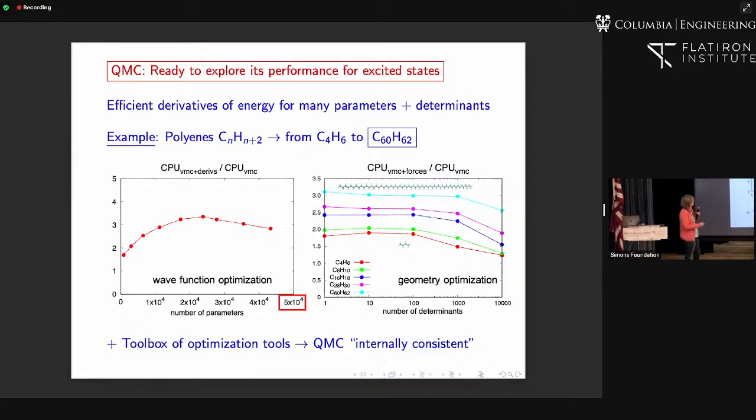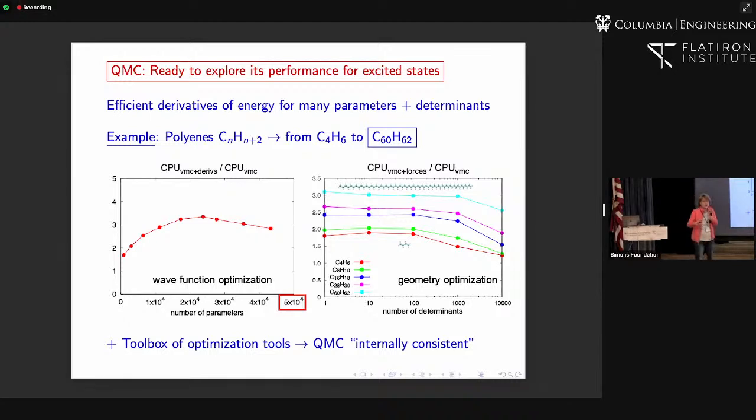We go from small to large systems with a single determinant, and the number of parameters grows, but the relative cost essentially plateaus and remains of the order of 3. These are computing derivatives of the wave function with respect to the parameters, and also the application of the Hamiltonian on these derivatives, with only a cost of 3 with respect to computing the energy alone.